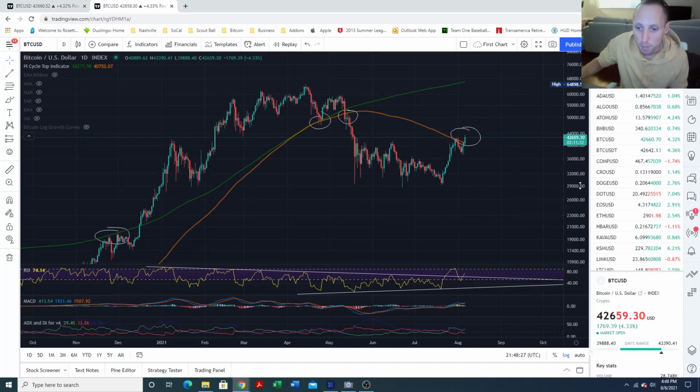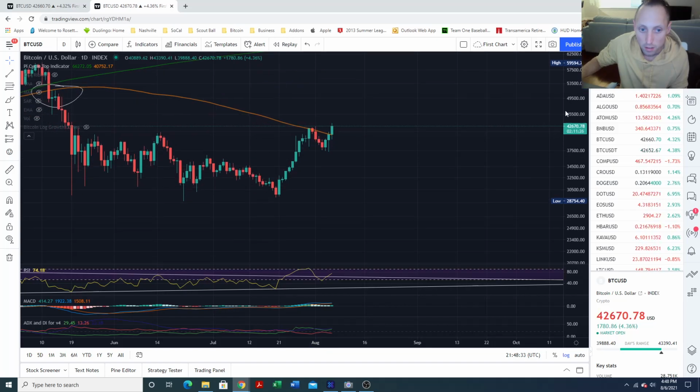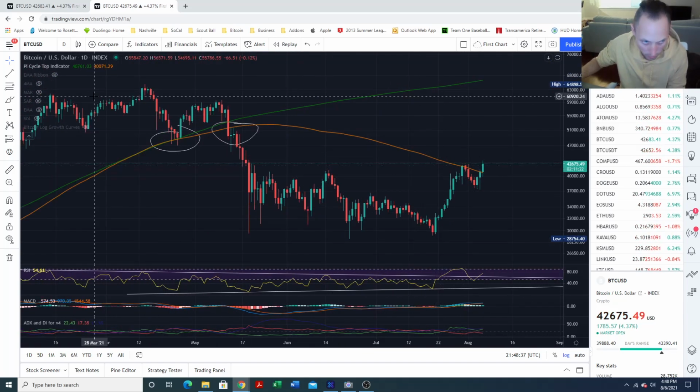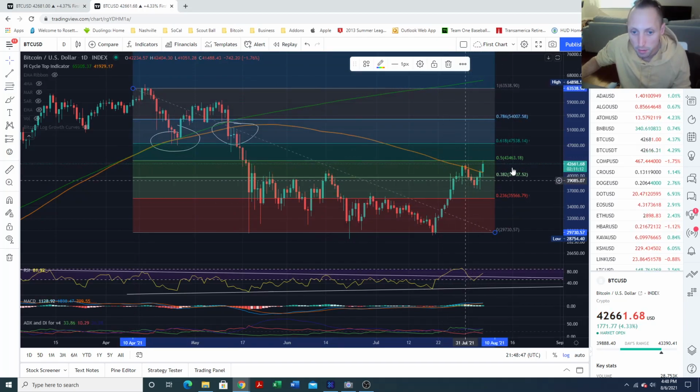Now I bring this up because we have recently tested the area right here. Again, this is similar to the fib level that we're looking at, the 50% fib level. It's unique that it's kind of colliding right here.